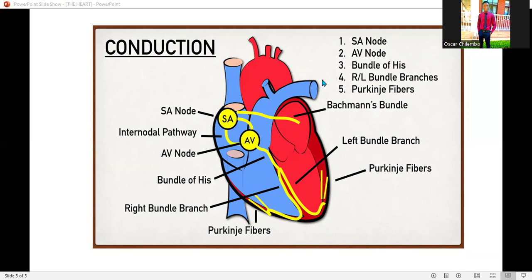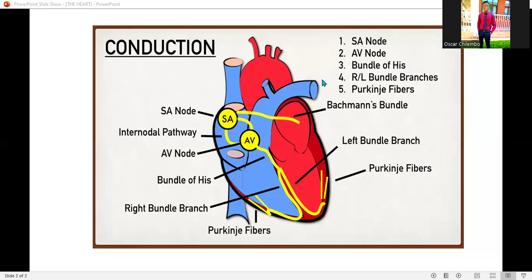I mentioned some specific characteristics in the structure of the cardiac muscle that differentiate it from other types of muscle like skeletal muscle and smooth muscles. Now we are going to look at the conduction system of the heart.